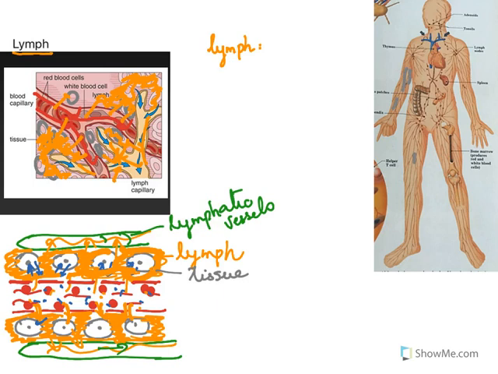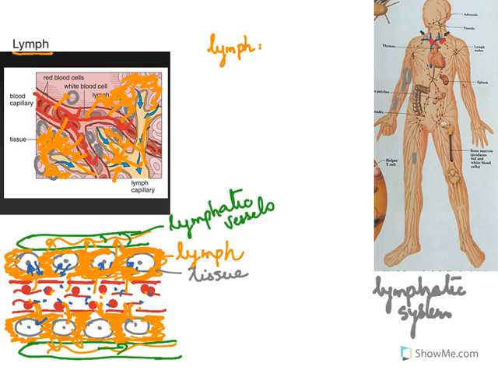This whole system is called the lymphatic system. It then joins the circulatory system at this point, and the lymph is poured back into the circulatory system and joins the blood again.